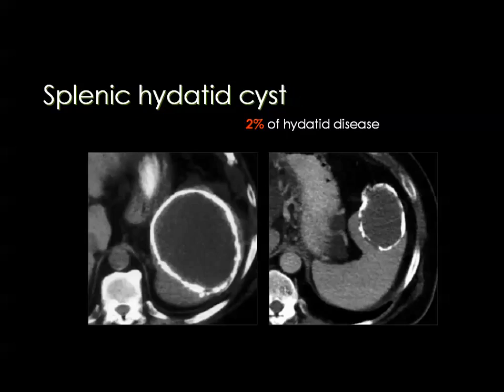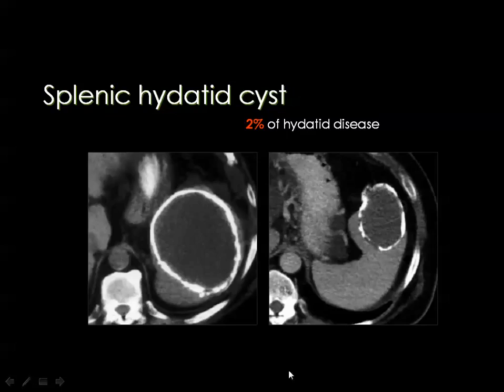These are the three major criteria for diagnosis of hydatid cyst in the liver or in the spleen. But you should remember that some of the splenic cysts, especially the secondary cysts, may show mural calcification. Then you are not able to differentiate between hydatid cyst and the other cysts based on calcium.